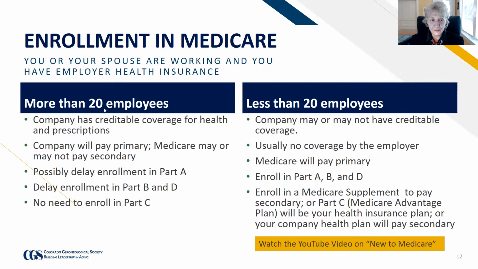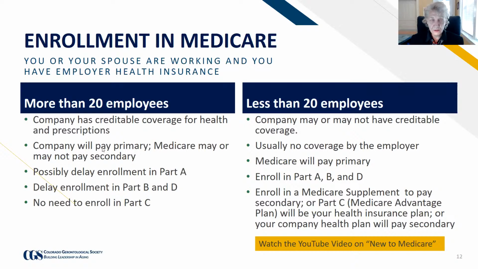If you are in a company that has more than 20 full-time employees, and either you or your spouse are working, and you have employer health insurance, then after we check whether we have credible coverage for both health coverage as well as prescriptions, the next thing we need to look at is whether the company is going to pay primary and whether Medicare will or will not pay secondary.